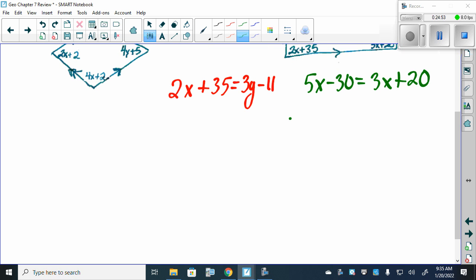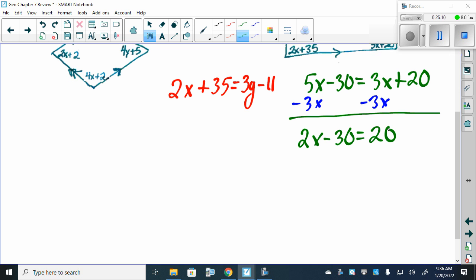Well, the first thing we can do is what? Subtract 3x from both sides. 5x minus 3x is going to be 2x minus 30 is equal to 20.